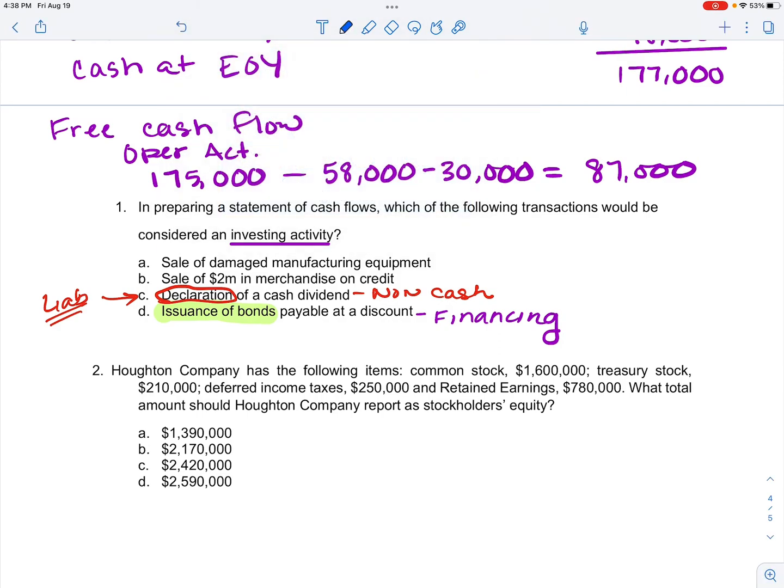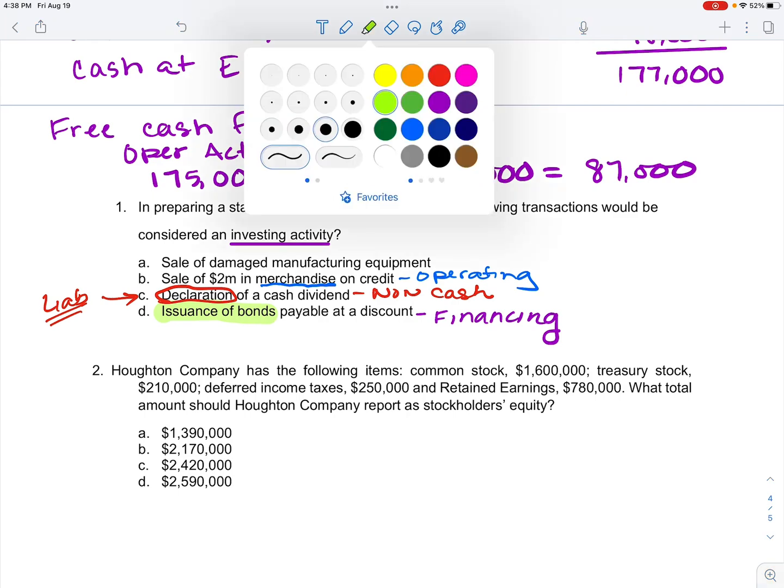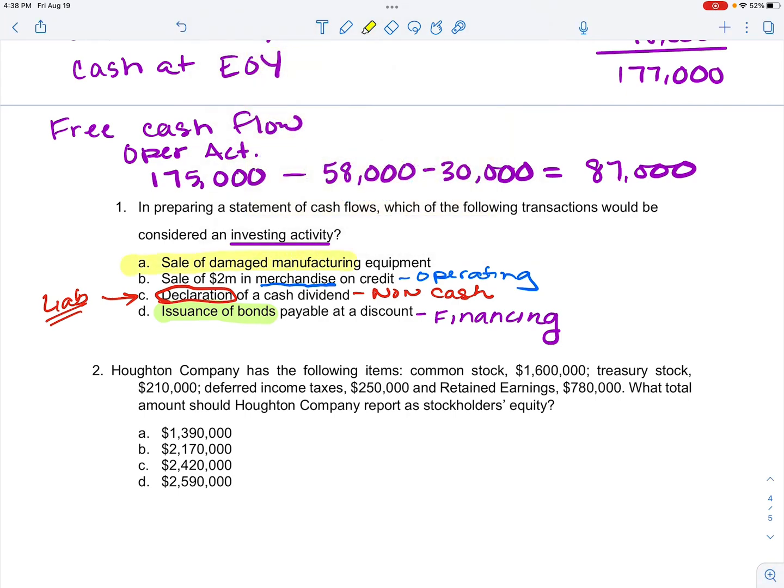This one here, when we look at the $2 million in merchandise, that key term there is telling me it's an operating activity. So we must know that the answer is going to be the first one, that equipment. And we know anything in the investing section, we can really rely on property, plant, and equipment activity to be in that section.